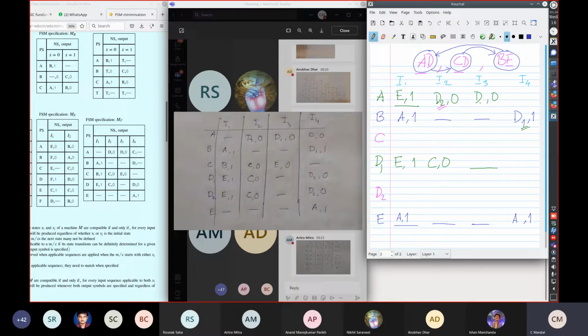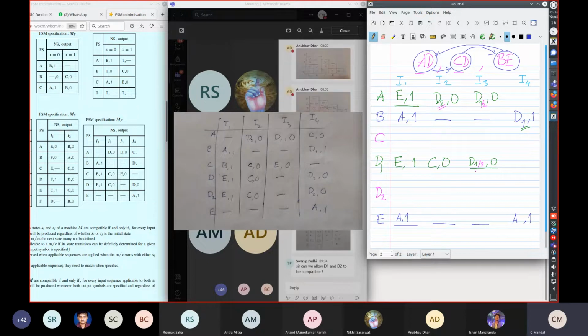I can choose it as D1 and keep this as D1 and put an output of 0. Or I can also keep it as D2 with an output of 0, because both of these options will give rise to trivial dependencies.